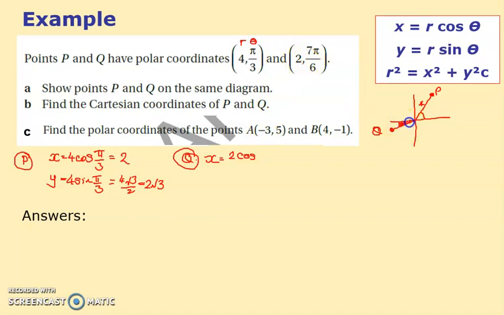This angle here, as I said to you, is pi by 6. So I'm going to use 2 cos pi by 6 rather than 7 pi by 6. I'll just get my calculator out now and make sure I'm in radians. Yes, I am. 2 times cos, in brackets, pi divided by 6, and I get root 3.